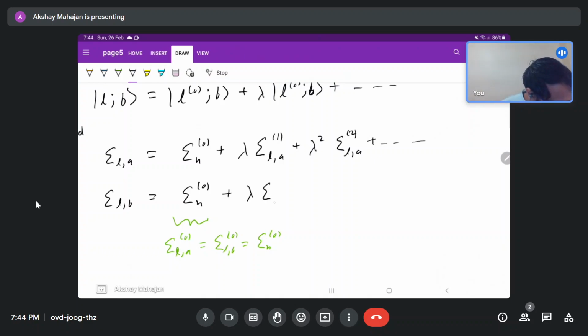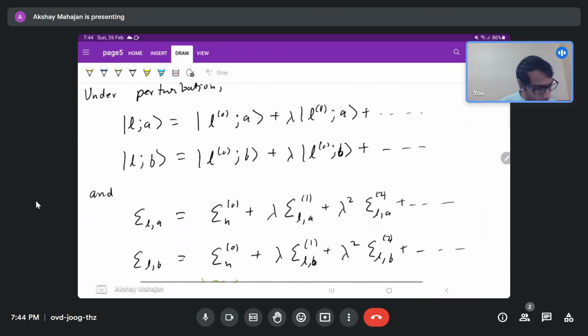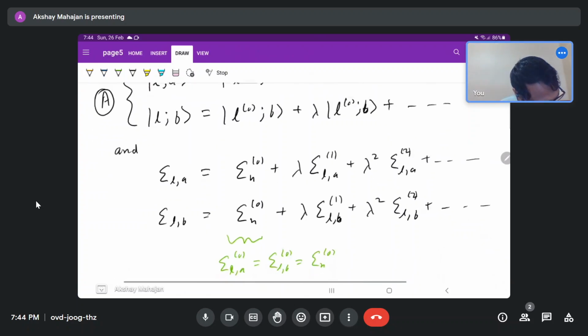You will write similarly E_{L,B} of the first order, then second order, and so on. I will call this set of equations A, and this set of equations B.